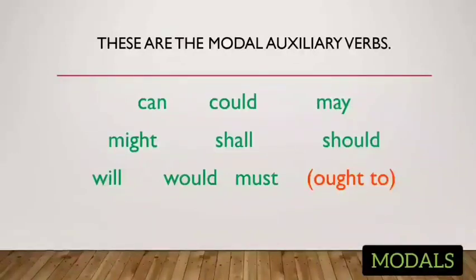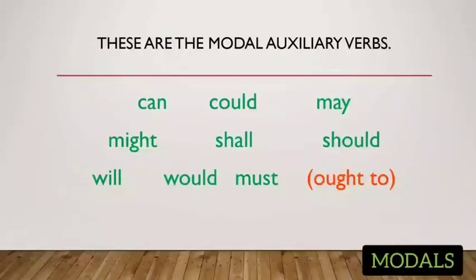Each modal represents a specific meaning, and they have their past forms too. Can, could, may, might, shall, should, will, would, and must. There will be no change for this one. And ought to is the substitution for should.